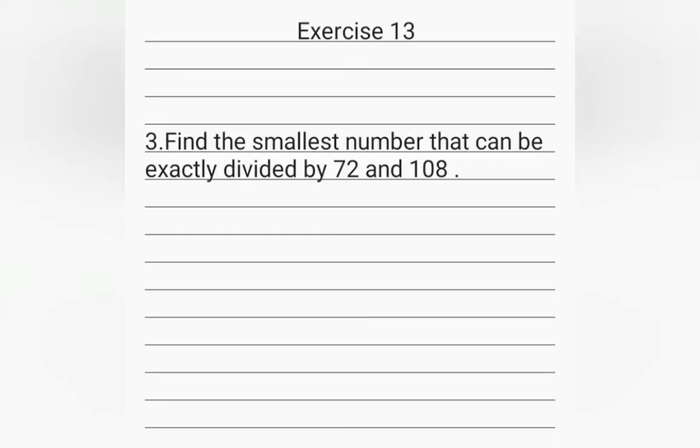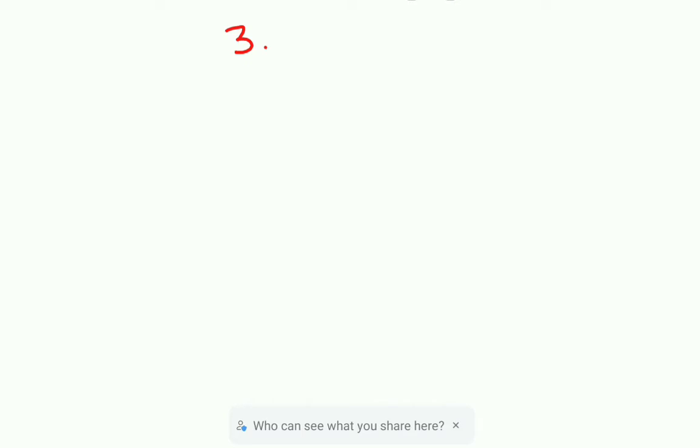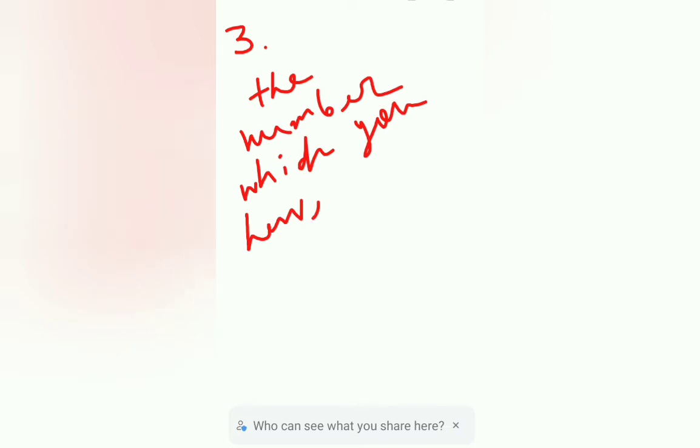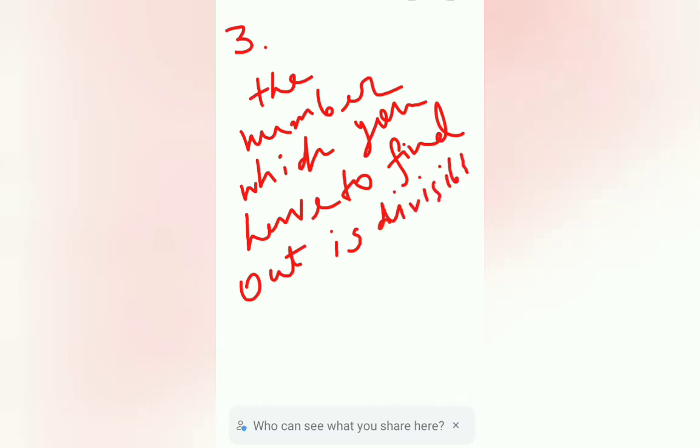Find the smallest number that can be exactly divided by 72 and 108. The number which you have to find out is divisible by 72 and 108.